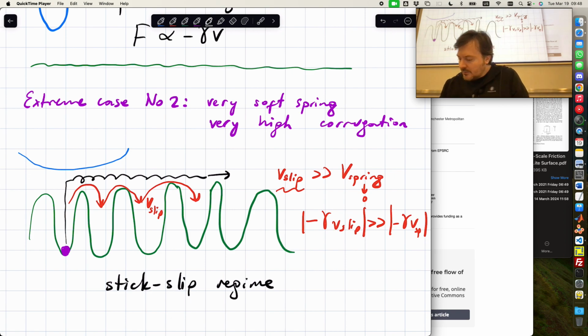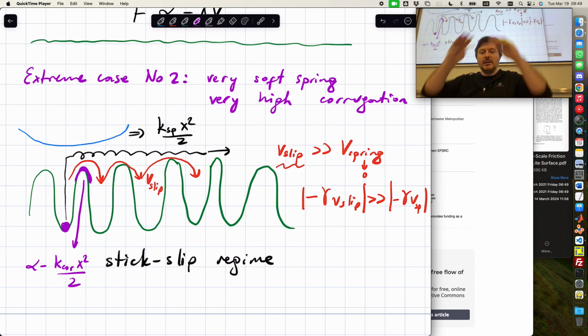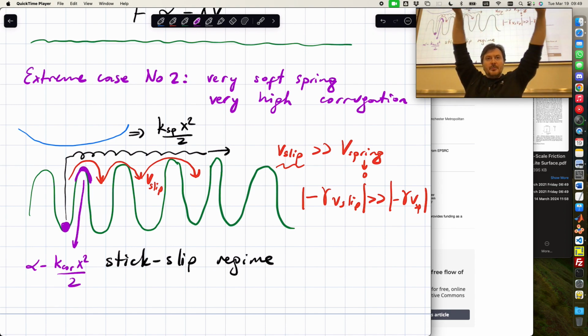Okay. So how can we quantify? We can say that this potential is K spring x squared over 2, right? How can we quantify corrugation? We can quantify corrugation by saying that this thing over here is approximately minus K corrugation x squared over 2. So that's a parabola, this is a parabola. Does it make sense?